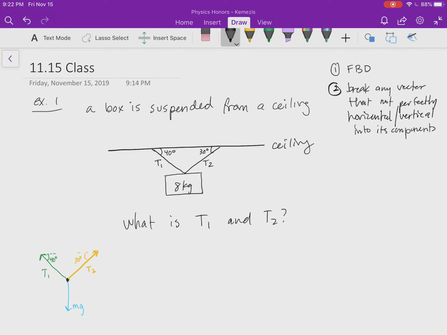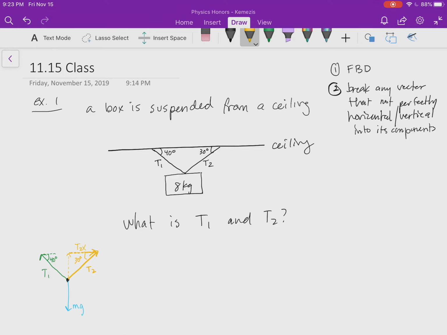Now, when we say we want to break them into their components, yeah, it'd be great if we could get a value of these components, but we don't actually know the tension, so we can't get the values. But we do know that for T2, I'm only doing T2 first because that's the one I'm looking at, we have some portion of this T2 that's going up in the y direction, and some portion of it that is going in the x direction.